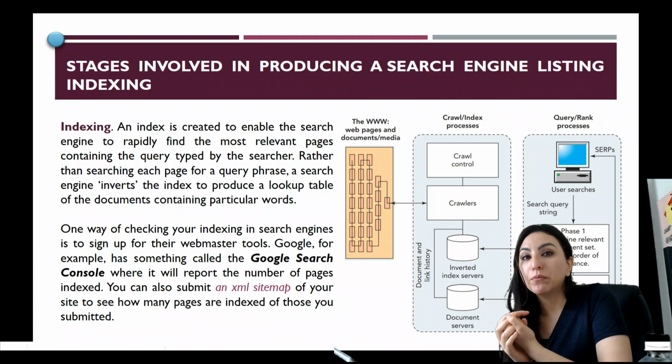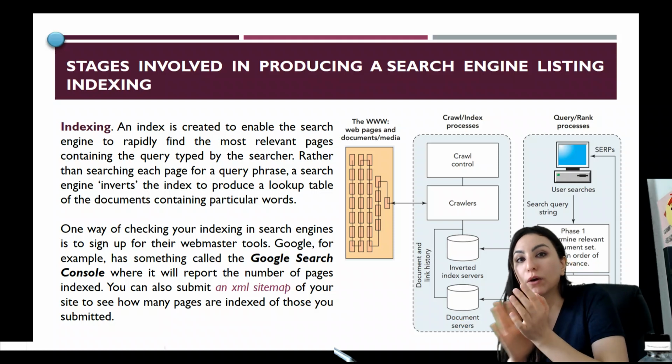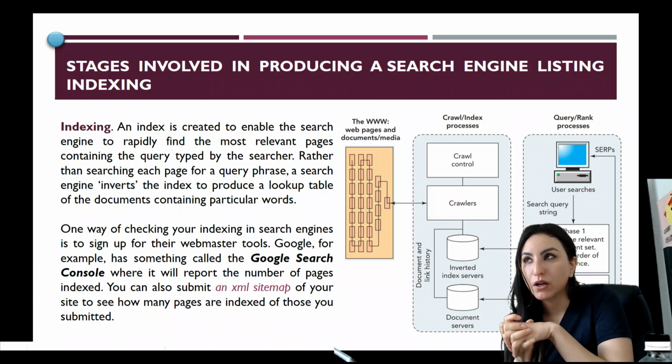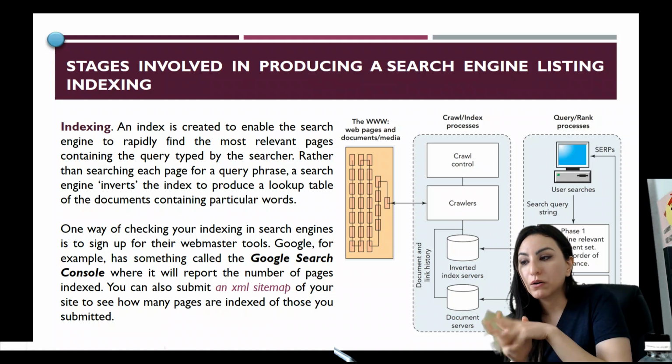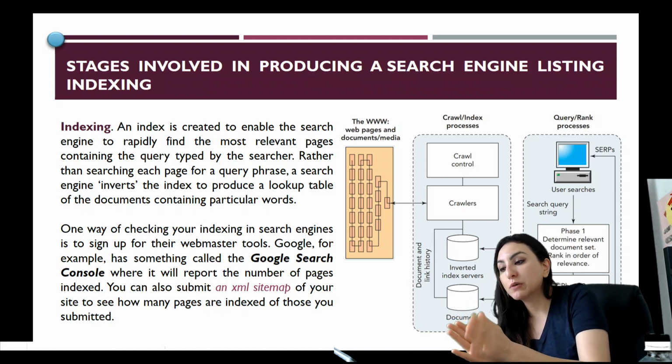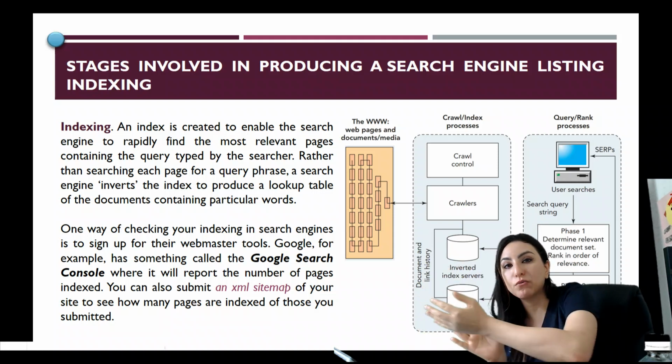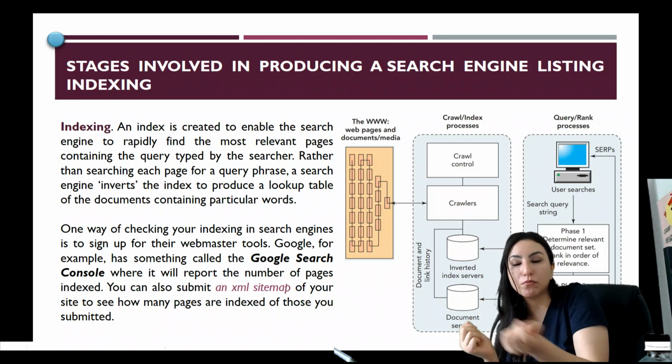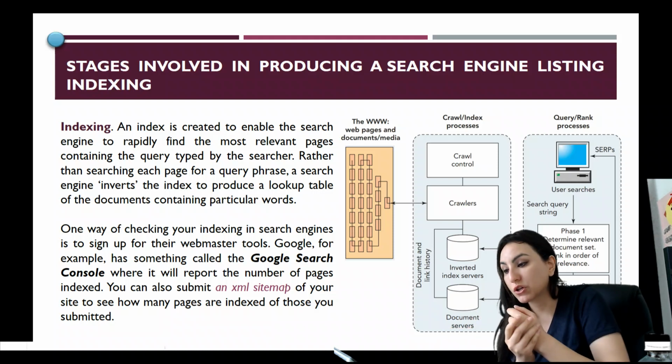Your documents are related to certain lookup tables, and tables related to certain pages, and then we can pull out these pages to show in the search engine results page.